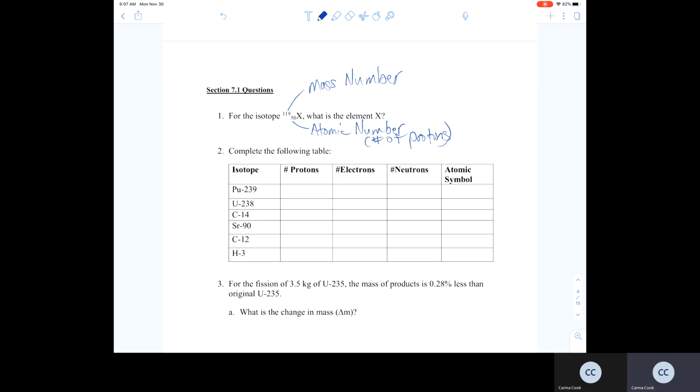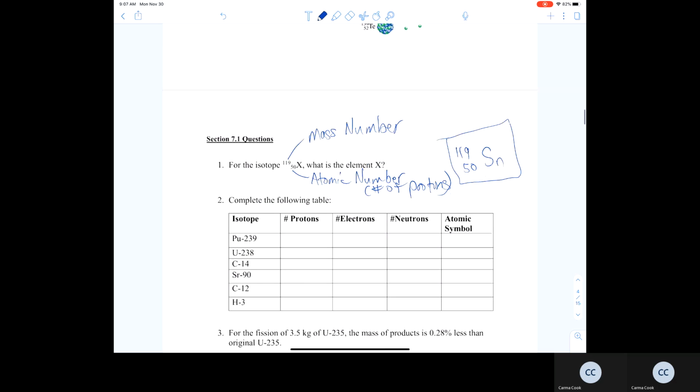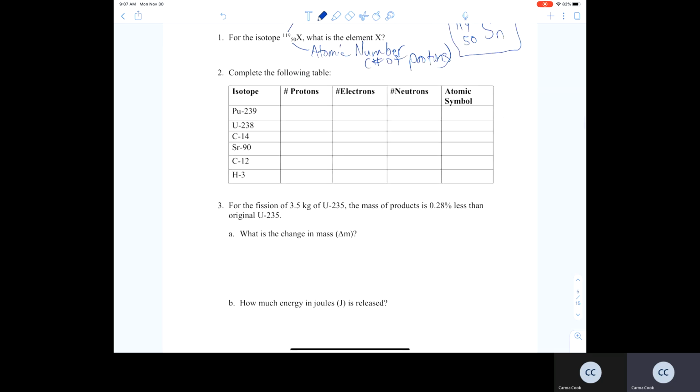And that element is tin. Tin has the symbol Sn. And so we will complete question 2 in class together.